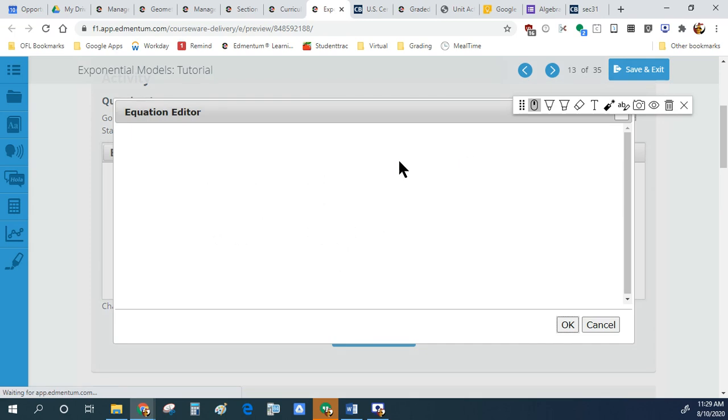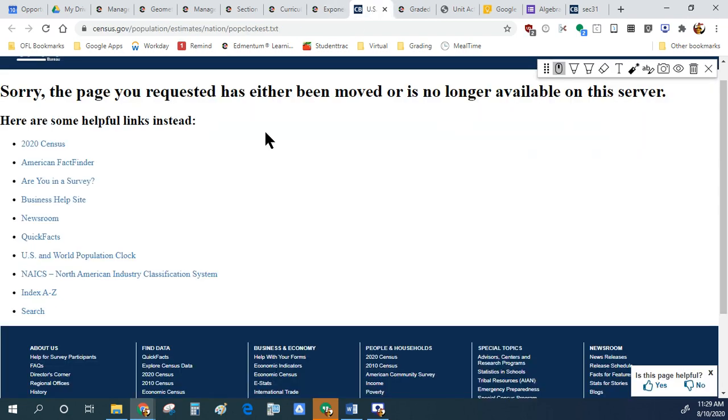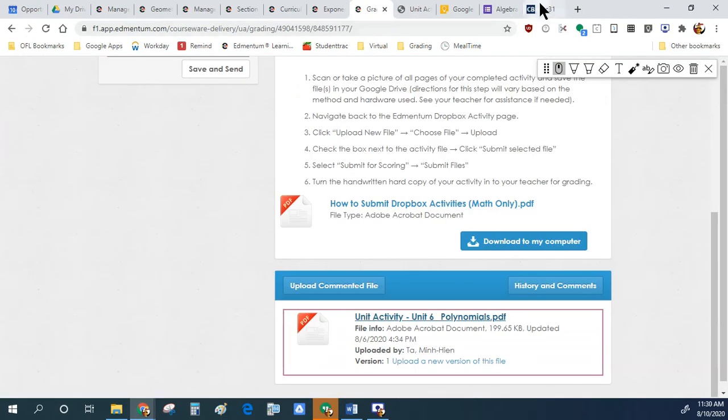So we go to the equation editor. We want to put our y values on the top because it's always rise over run. So fraction, rise divided by run. Delete this one because it's not useful anymore.